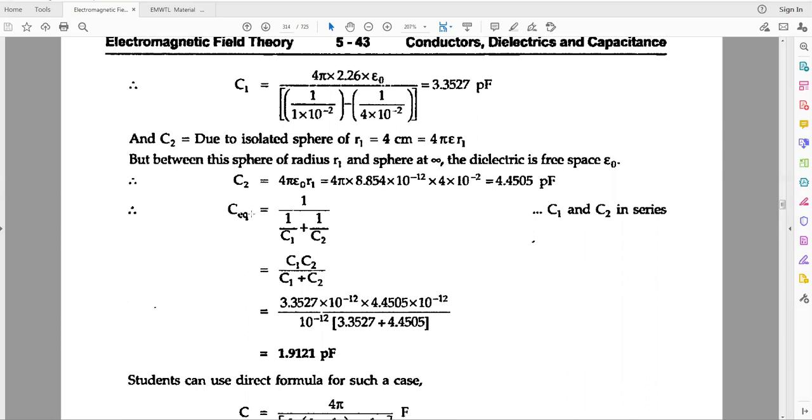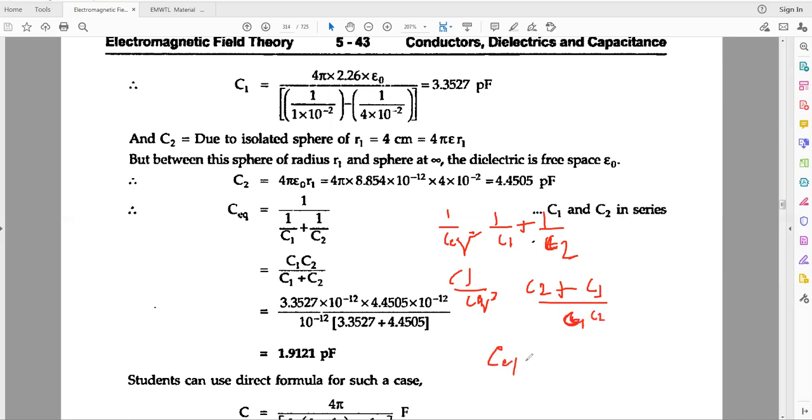Finally, I need the C equivalent. Both are in series, so 1 by C equivalent is equal to 1 by C1 plus 1 by C2. This is the formula.